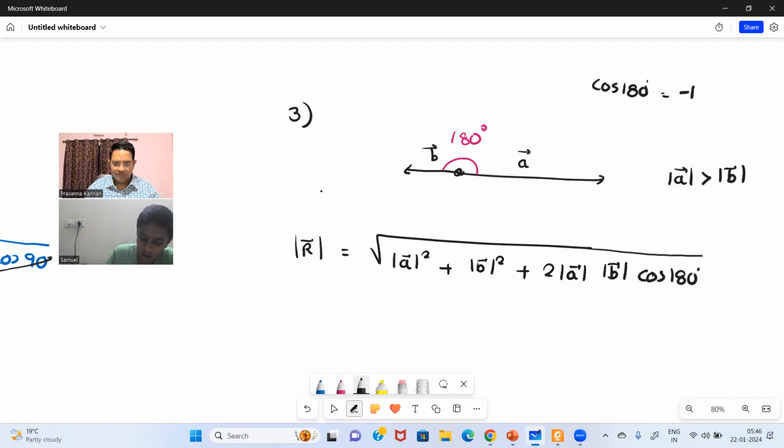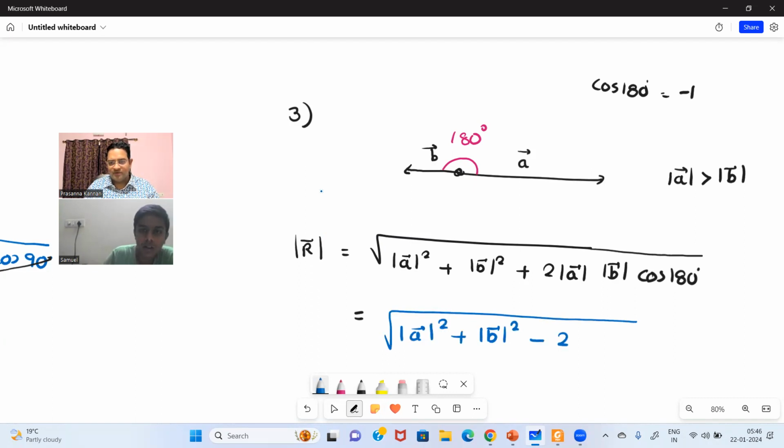Very good. So when you substitute minus 1 for this, mod a square plus mod b square minus 2ab. What is that? That is a minus b whole square. And there is a root. So what does this become?